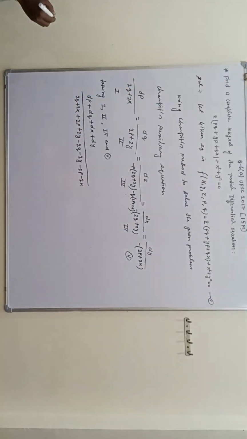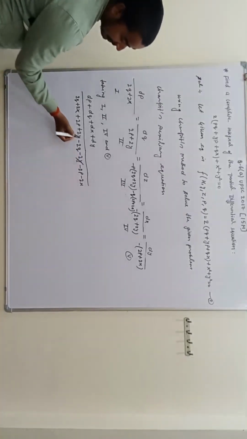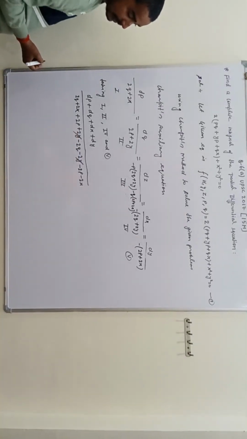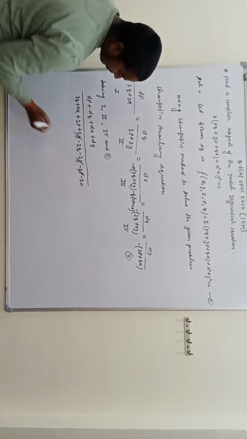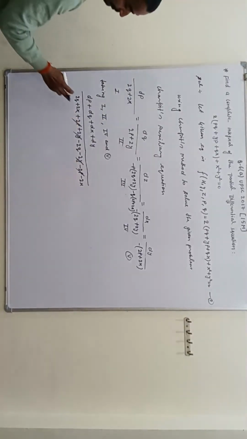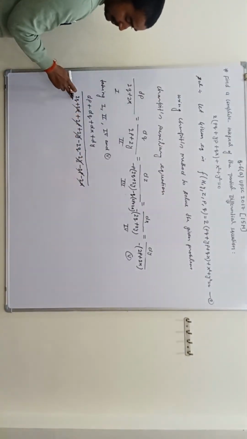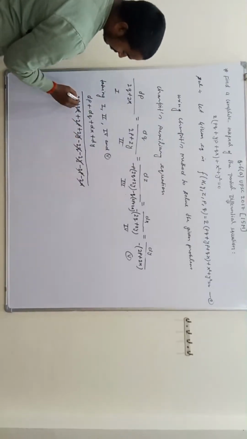We have to solve from here. Minus 2y and plus 2y cancel out, minus 2p and plus 2p cancel out, plus 2x and minus 2x cancel out, and plus 2q and minus 2q cancel out.